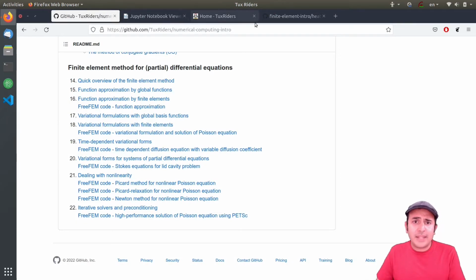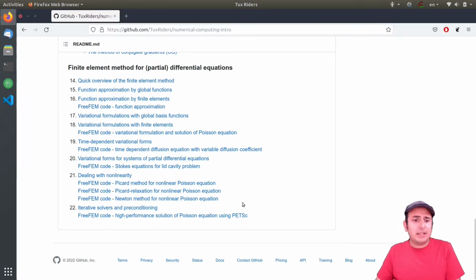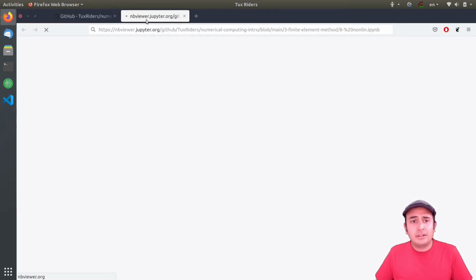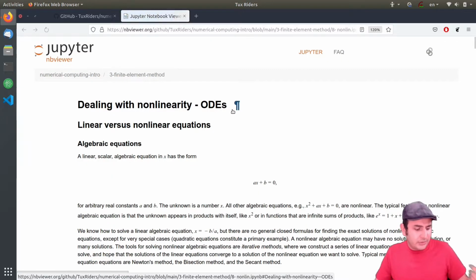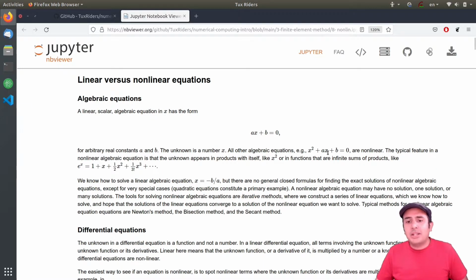So that's for the time dependent problems, and let me quickly give an overview on dealing with nonlinearity, which is very important. Later on we will have some videos on nonlinear equations. So here you know the definition of linear and nonlinear terms. Here we have a linear equation, but this one is nonlinear because you have x multiplied by itself.